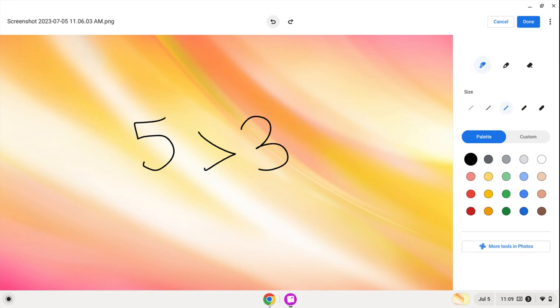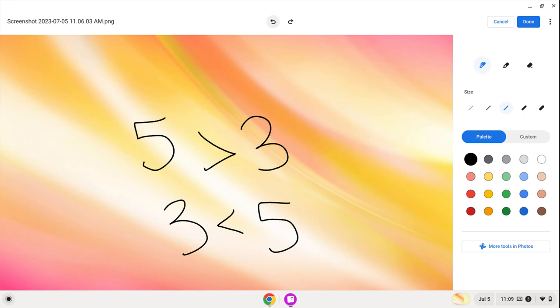Now, what if we switch these, and 3 was on this side and 5 was on this side? Well, then we would want this symbol, which means less than. The 3 is on this side because it's being pointed at. The 5 is on the open side, pointing at the 3, saying, I'm bigger than you.